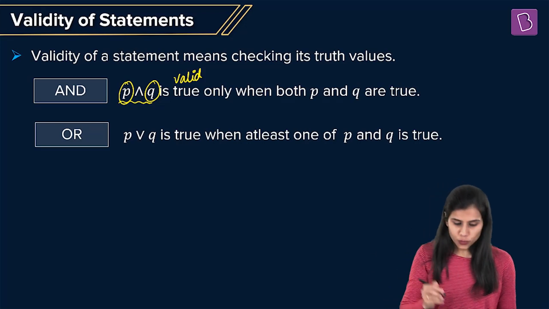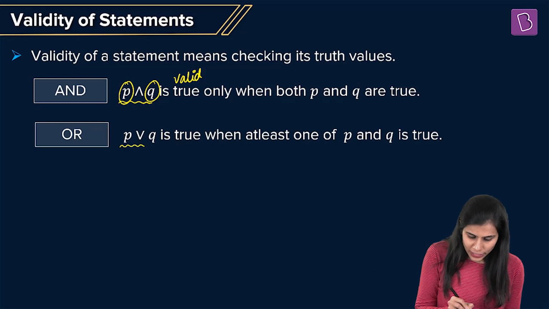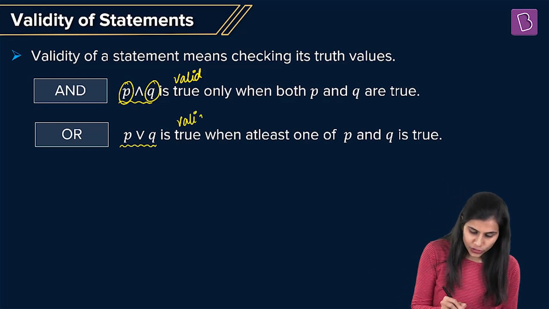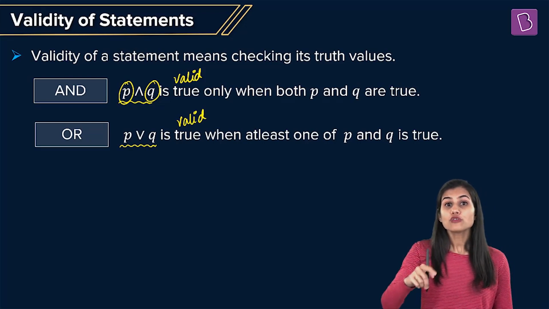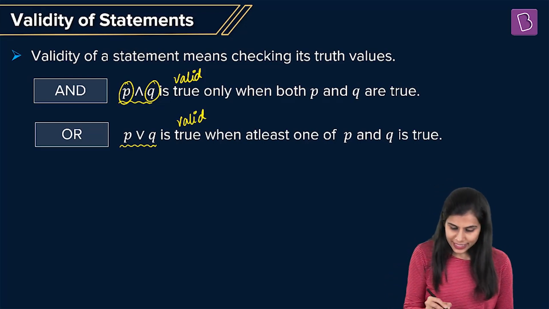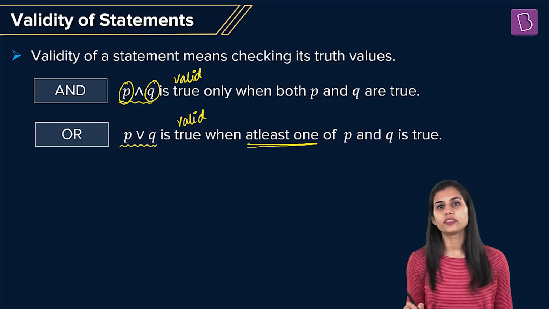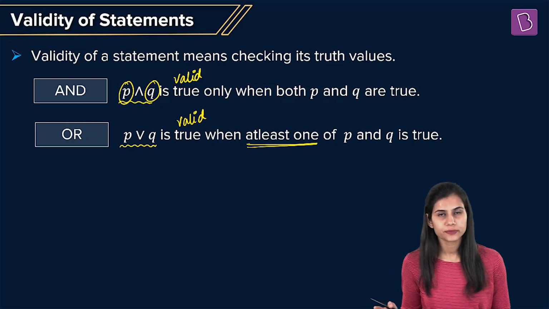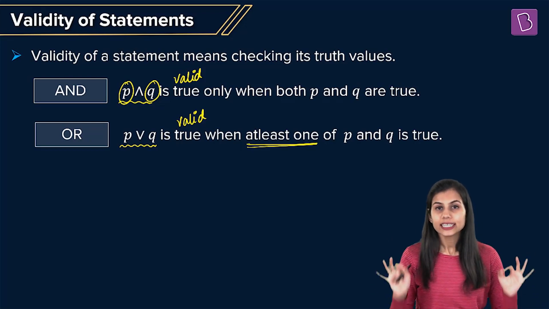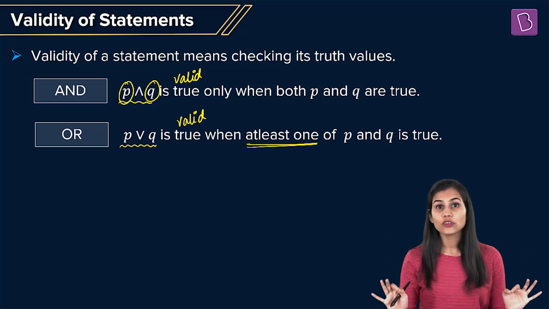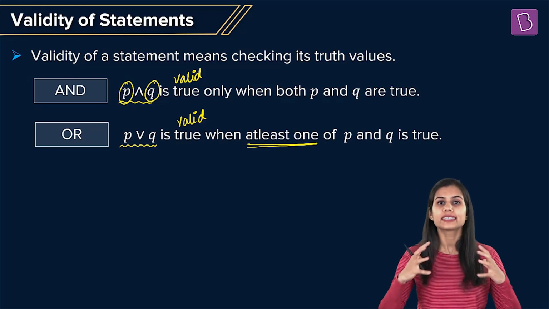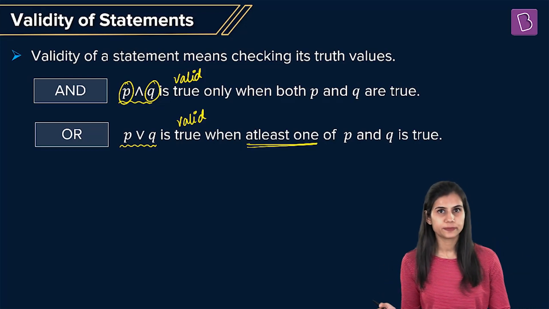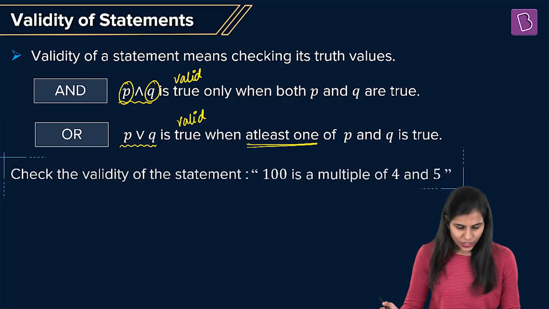Yes, that is why, in order to conclude that a disjunction statement is valid, you will have to prove that out of each of its component statements, at least one of them is valid, that is, at least one of them is true. These are the techniques, these are the rules that you use in order to check the validity of a statement involving either the and connective or the or connective. Understood? Let's check out this example.